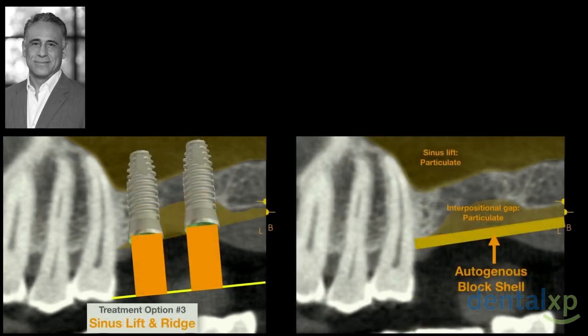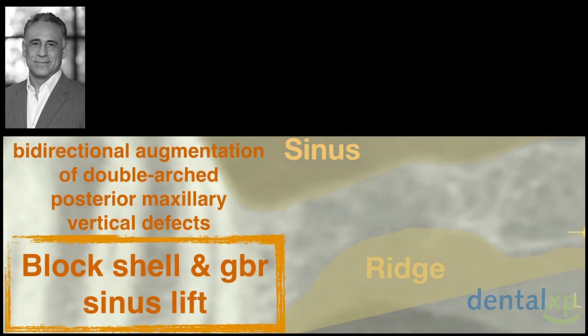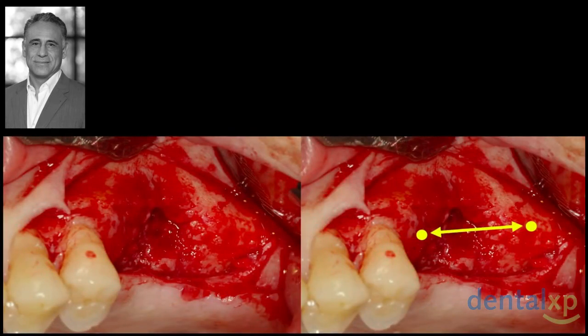So perhaps we can develop, augment the ridge side and the sinus side, to be able to put our implants in a more ideal position and improve the outcome. And we have several options of how to do the ridge grafting. We could do an onlay, interpositional, GBR, or we could do a block shell and GBR, and that's the one that I chose particularly for this patient.